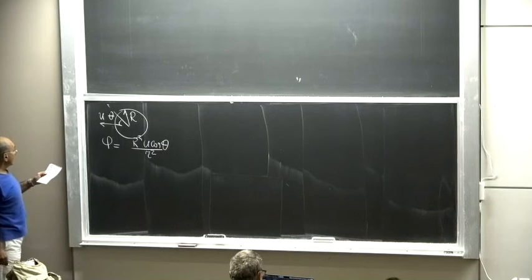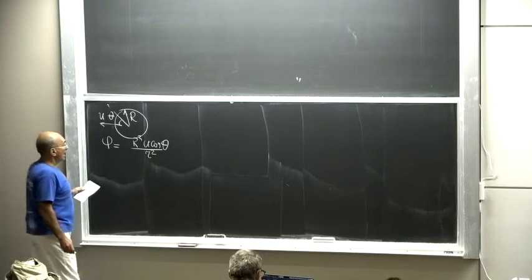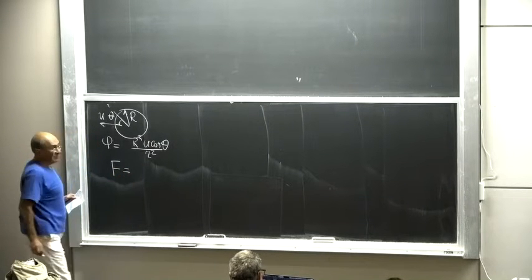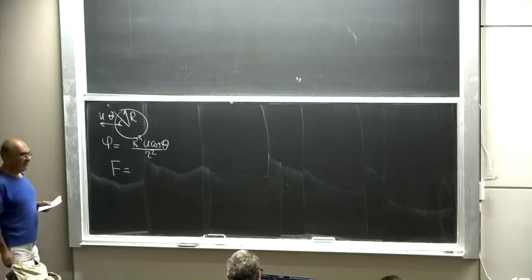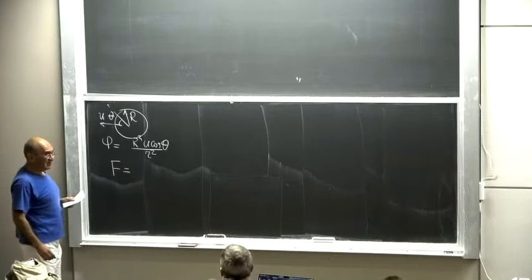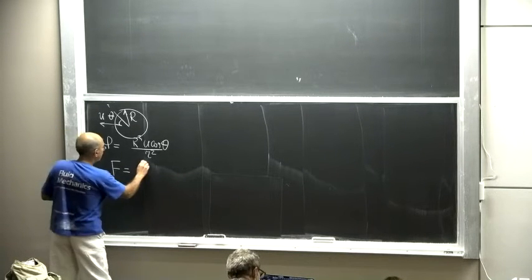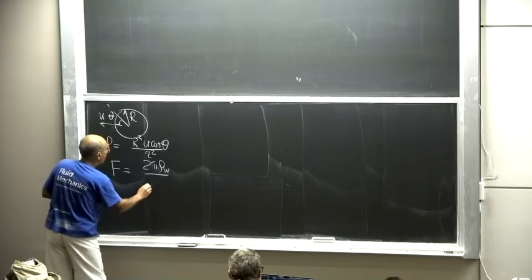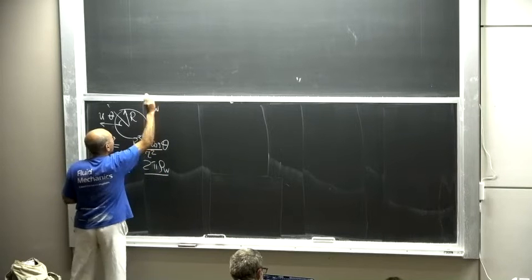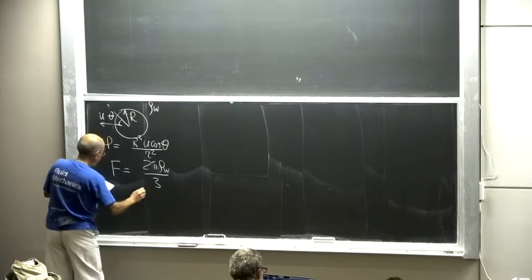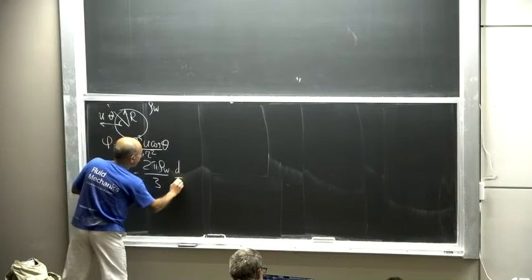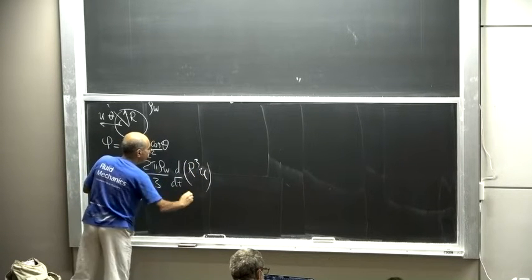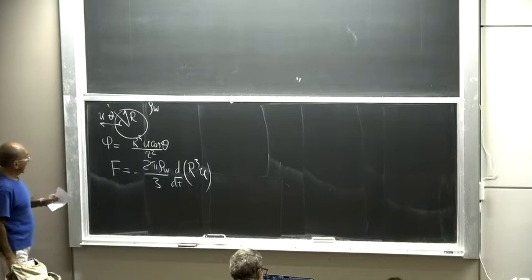And we derived the force acting on this body. And we found, to much of our surprise, that this force is a time derivative of, let me write it, 2 pi rho water outside over 3 minus d/dt of r cubed u.